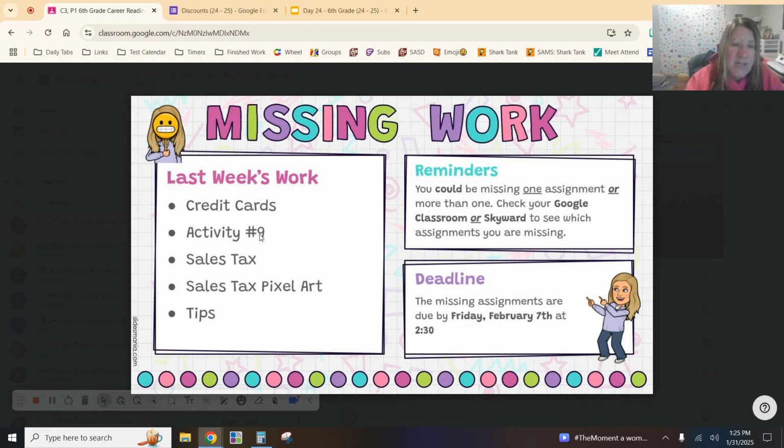As a reminder, activity number 9, some of you have turned it in, but you did not have 4 sentences. I sent it back to you with a comment that said you need to update them and then resubmit it. Some of you might have activity number 9 done. You didn't turn it in Google Classroom. Y'all, if you don't turn it in, it's not going to get graded.